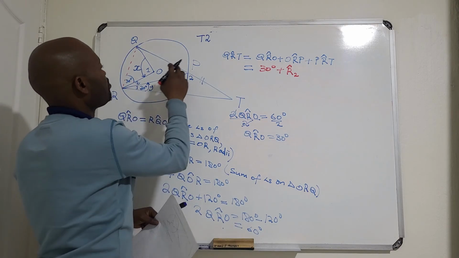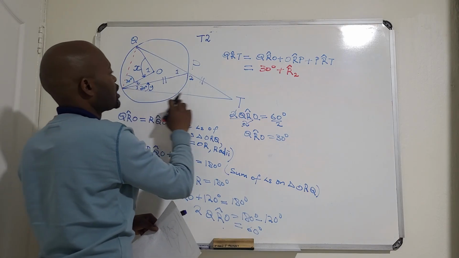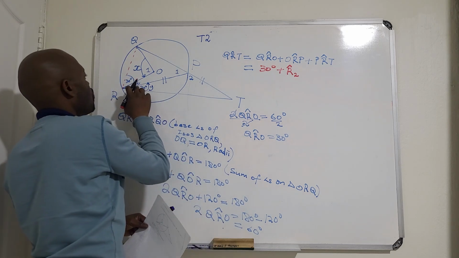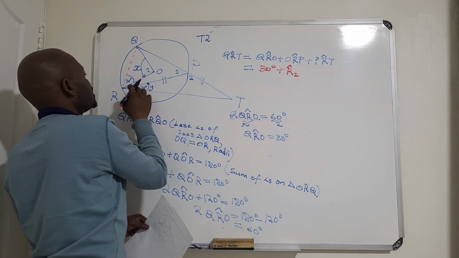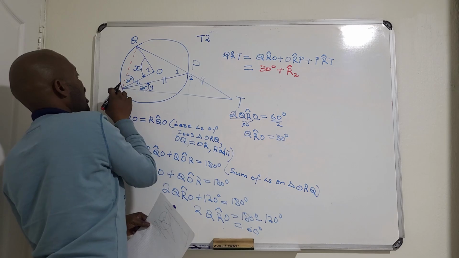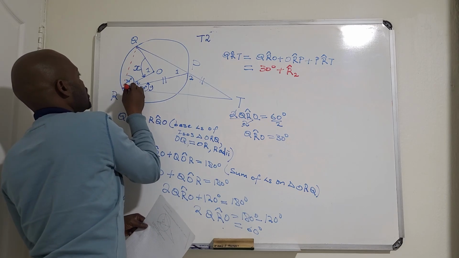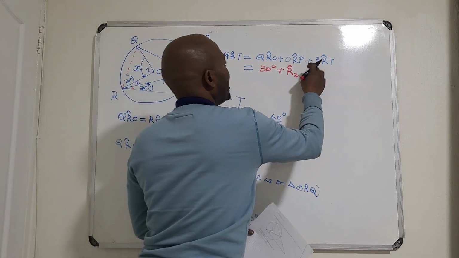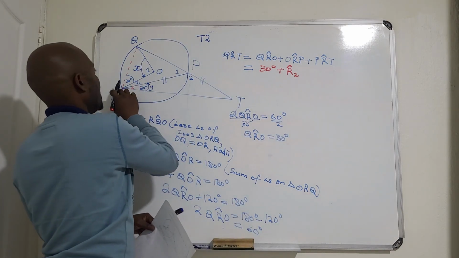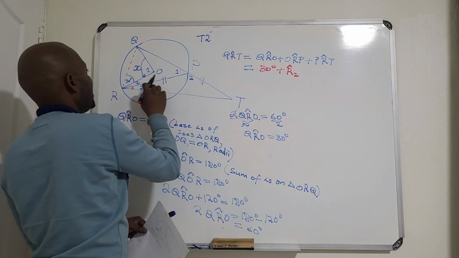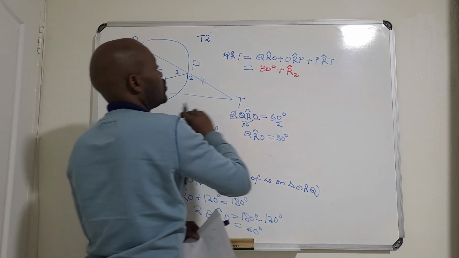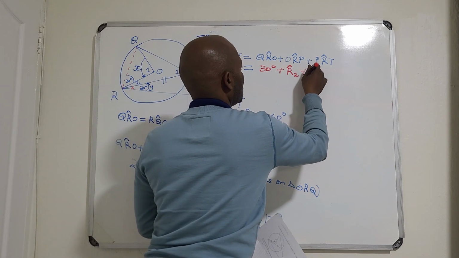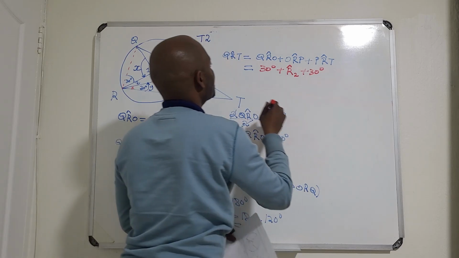Angle PRT, this is not 130. This one represents R1. Therefore, we know that angle PRT, which is y, or which is R1, is equal to 30 as well, 30 degrees.